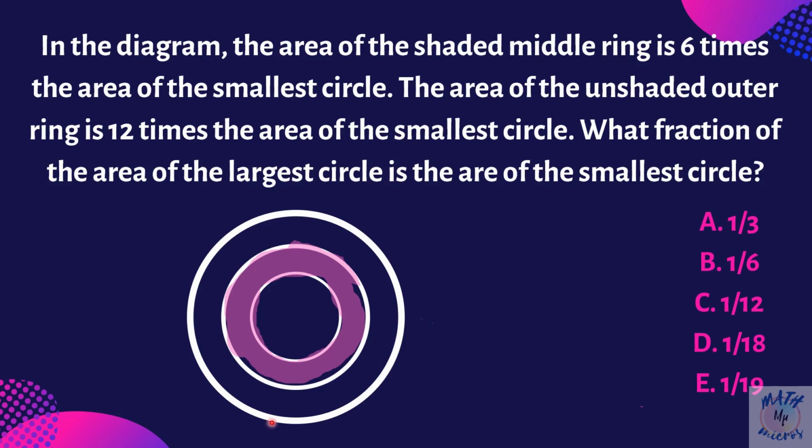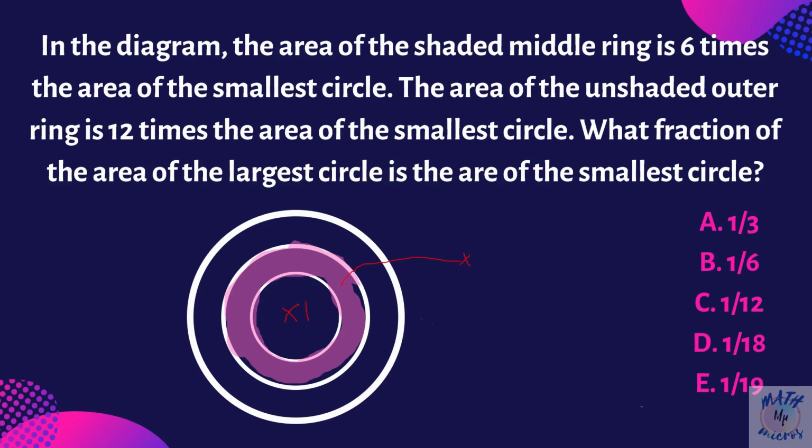Alright, when you read the question, it says the area of the shaded middle ring is 6 times the area of the smaller circle. So this is the smaller circle and this is the shaded middle ring. If I assume the smallest circle to be 1 time, then the shaded one is 6 times.